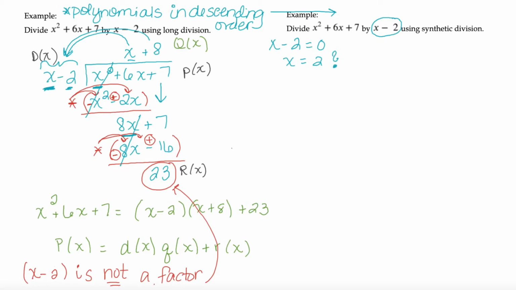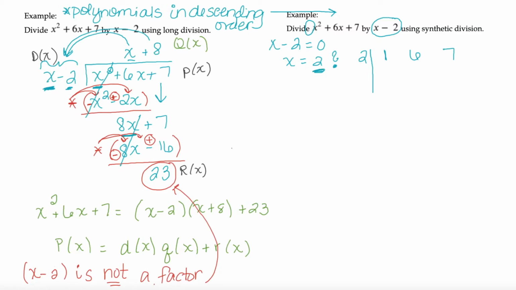I'm going to draw a vertical line. On the left is going to be the 2 that I found when I set my divisor equal to 0. And on the right-hand side, I'm going to pull the coefficients from my polynomial. My coefficients are 1 from x squared, +6 from x, and 7, the constant.